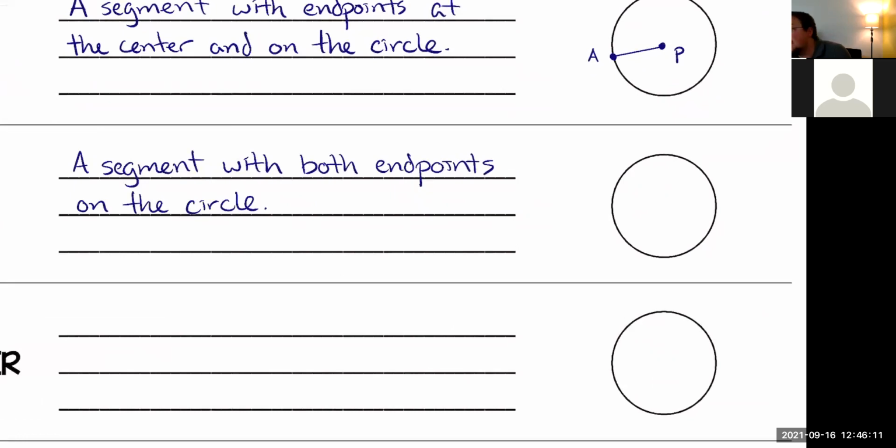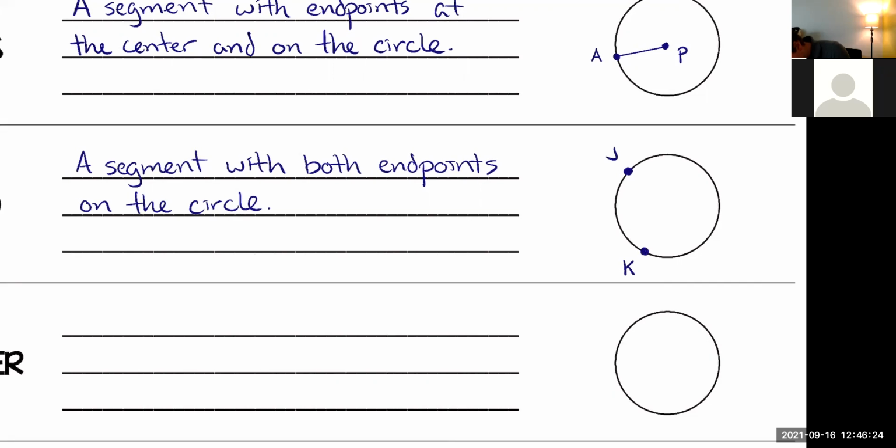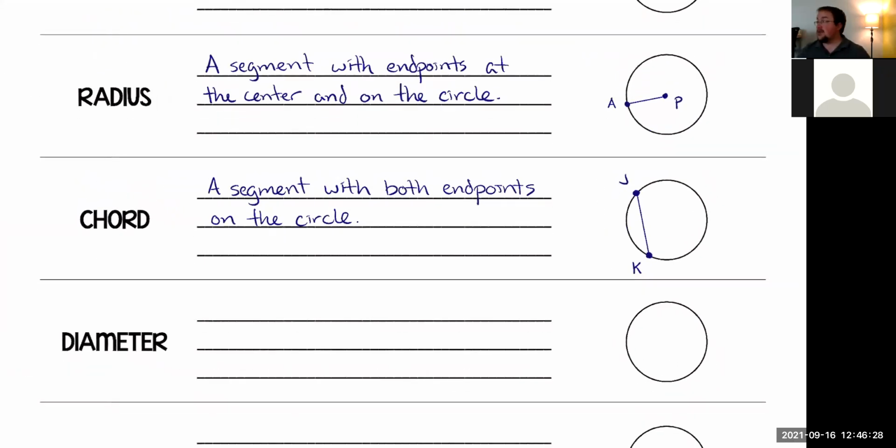So I'm just going to pick any two points on the circle. Pick one right here. I'm going to call it, I don't know, J. I'm going to pick another point right here. Call it K. And then I'm going to connect those two points. That is referred to as a chord. So long as both endpoints are on the circle itself, it is defined as a chord.